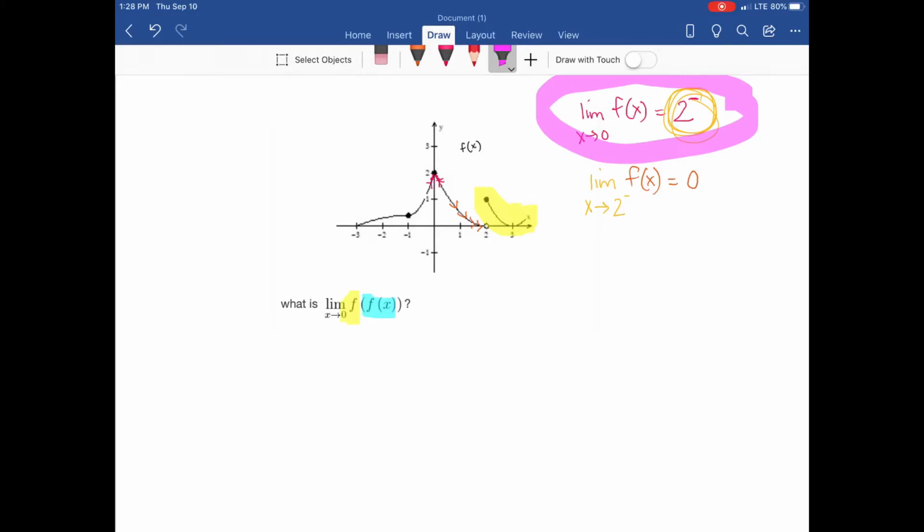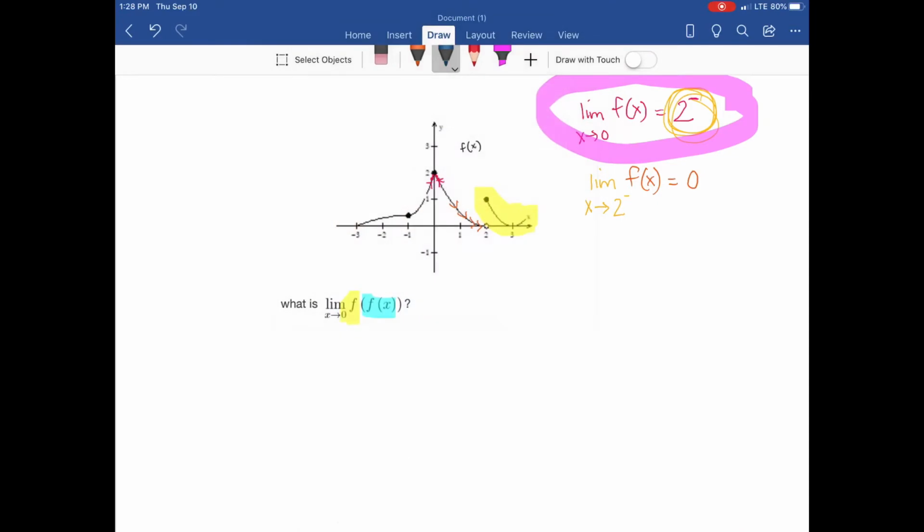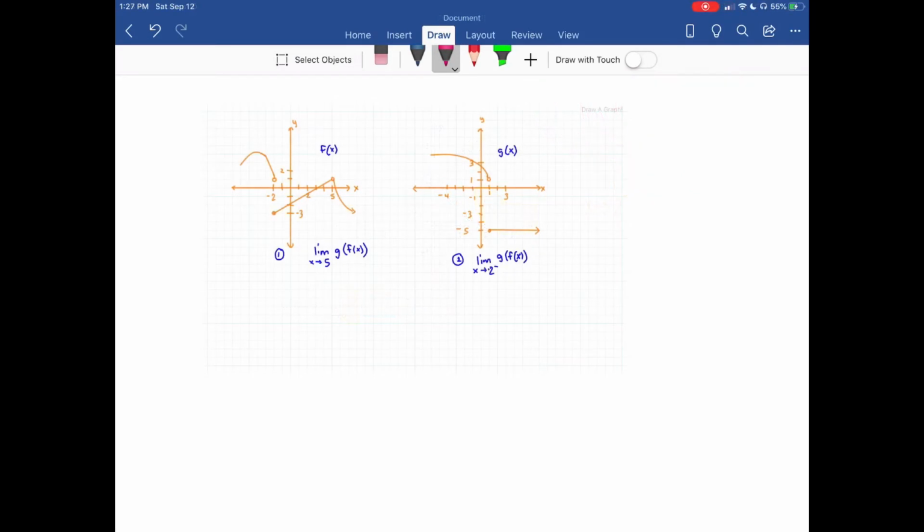It's always smaller than 2. So this would give us a solution of 0. So our answer to this is 0.